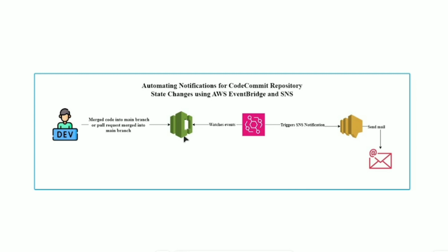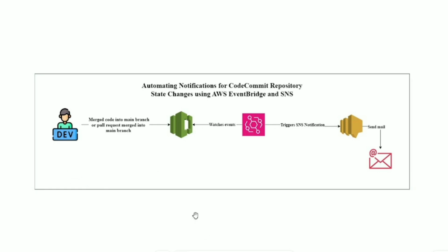Whenever the events occur in the particular main branch, EventBridge will trigger the SNS notification, and in the SNS notification I subscribe an email address. So through the email address I will receive the email notification.